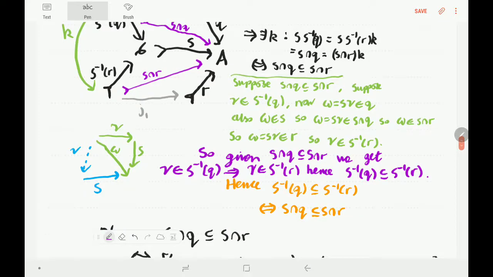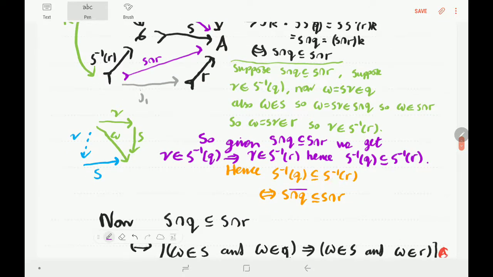So finally, we've got this next step in our argument. That s to the minus 1 of q contained in s to the minus 1 of r is equivalent to saying s intersection q is contained in s intersection r.